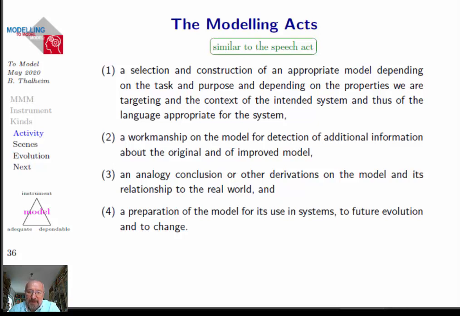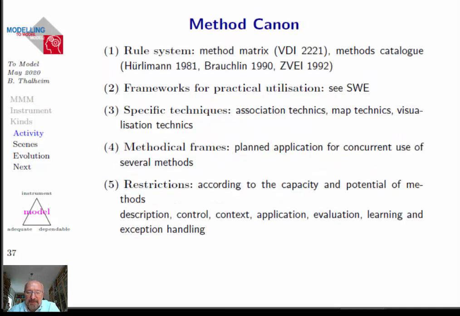And we should use the model for our system understanding, system building, system development. It can be based also on some kind of quality support. We can say, okay, fine, we have a rule system, as we already demonstrated in the second lecture for entity relationship modeling. We will turn back to it in a minute again to show how this methodology can be somehow supported. We have a framework for practical utilization.